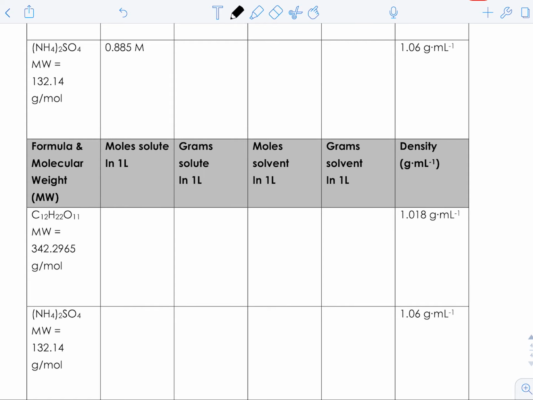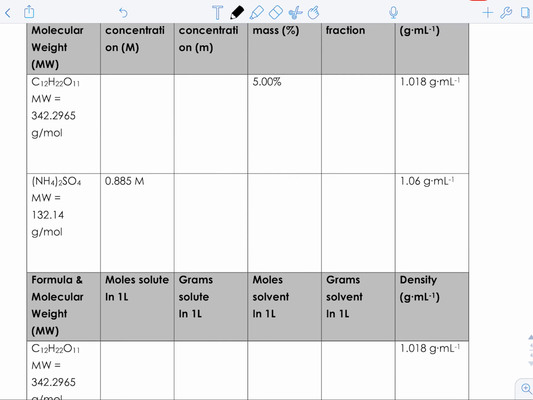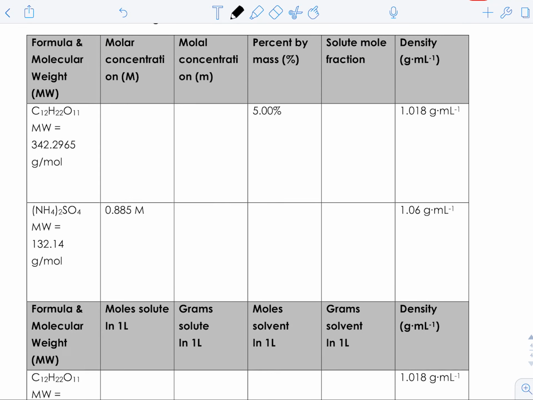So we're going to assume 1 liter. When we assume 1 liter, that's the same thing as 1,000 milliliters. So we can multiply our densities by 1,000 milliliters. That'll give us our mass of our solution. Okay, and I'm actually going to do it for both of them.